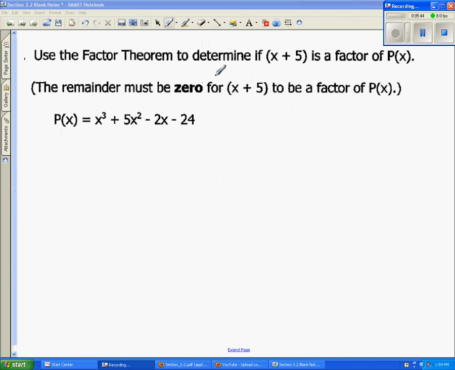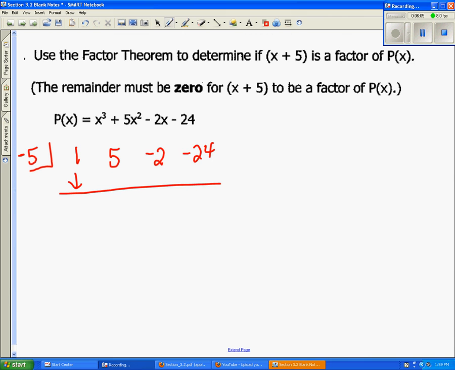Next, using the factor theorem, they want to know if x plus 5 is a factor. Since they gave it to me in x plus 5 form, that means I'm going to do the opposite of it and do minus 5. And then I have x cubed, x squared, x, and constant. So we're going to bring down the first, multiply, add down.